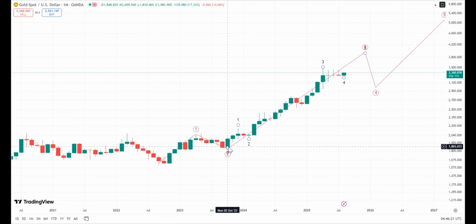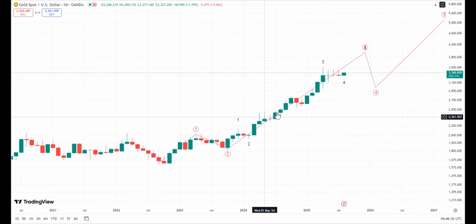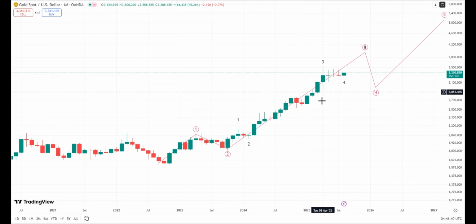You can see this wave 3 is also broken down into 1, 2, and 3. Then this is our wave 4. What we are experiencing, the consolidation currently, is more like a wave 4. If you look at this wave 3 also, it's broken down into 1, 2, 3, 4, 5, but let's not go into too much detail.